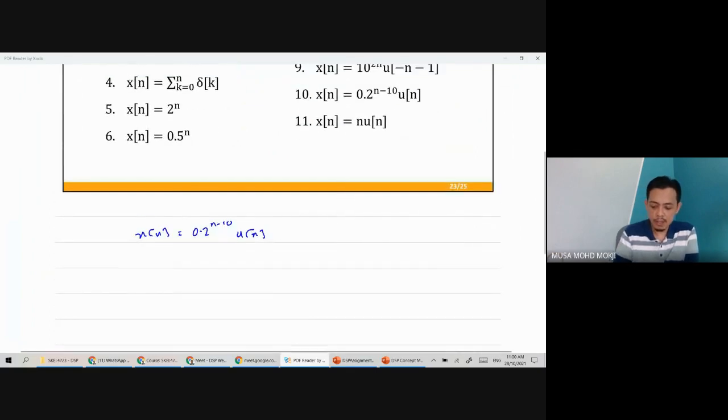So we can say this is actually 0.2 to the power of n minus 10, where n is from 0 up to infinity.